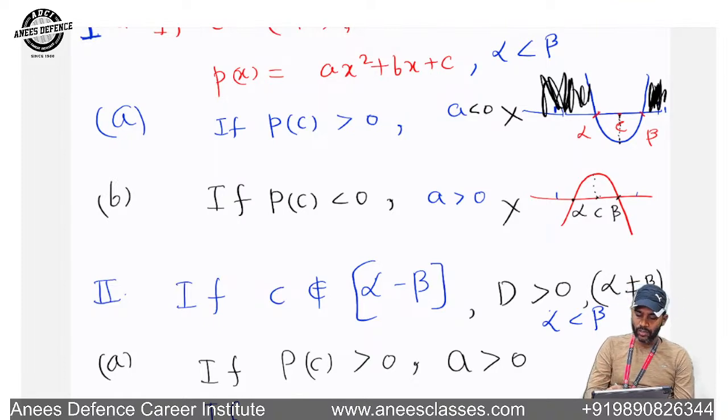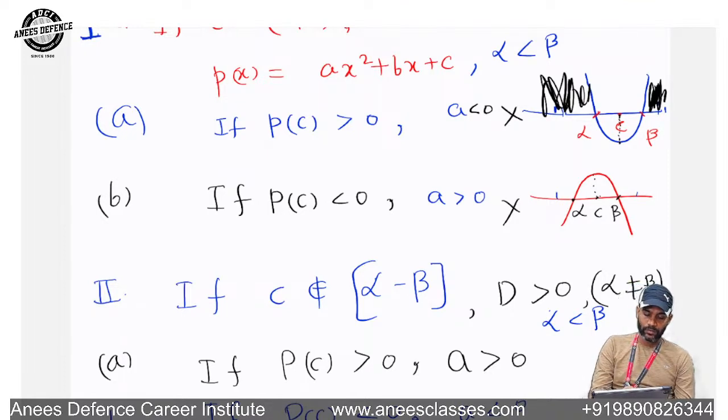Now if P of C is negative, then A will be negative. Is there any doubt? Shall we move ahead?